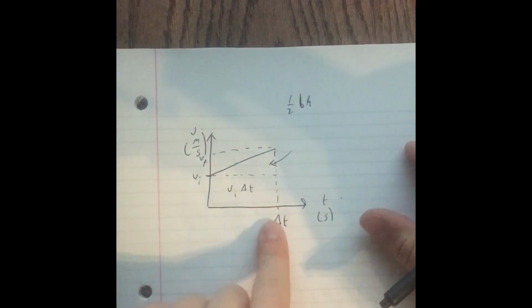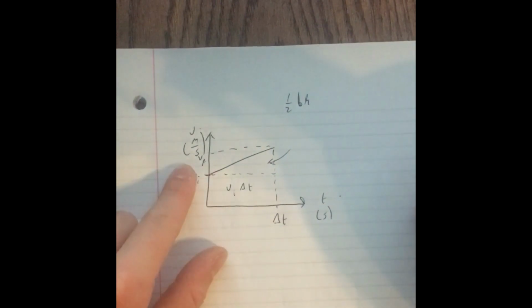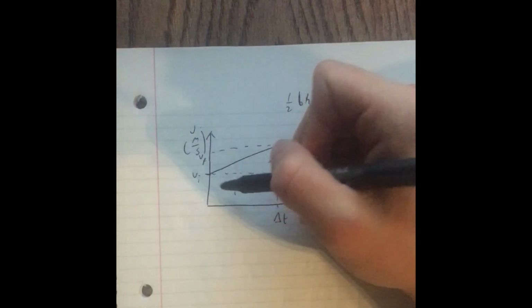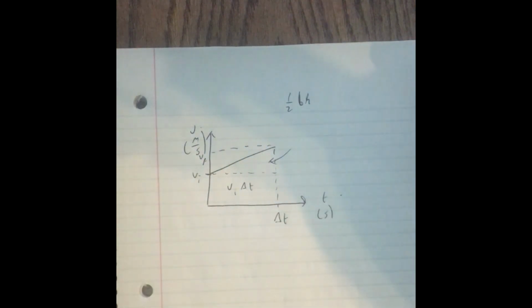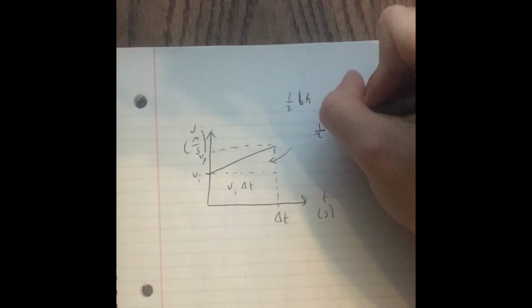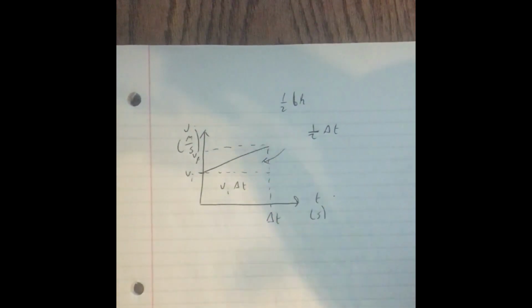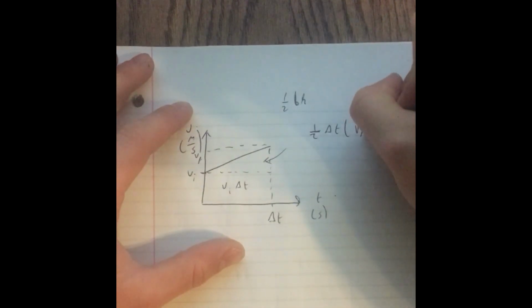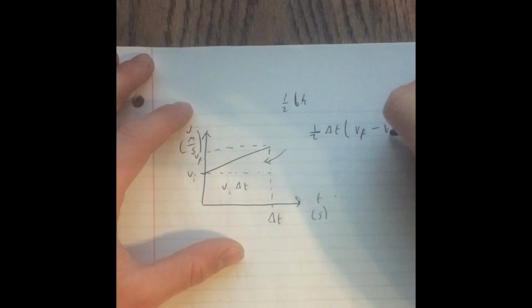And then the base here, well, the base could be either the difference between velocity final and velocity initial, or time, depending on how you look at it. But for simplicity's sake, we'll say the base is going to be time, change in time. And then I've already spoiled the rest, but height is just going to be the difference between final velocity and initial velocity.